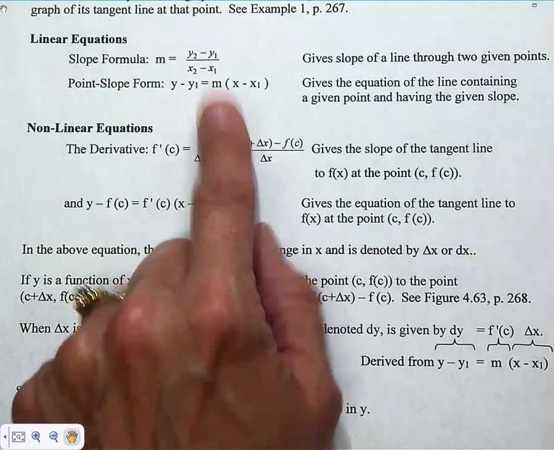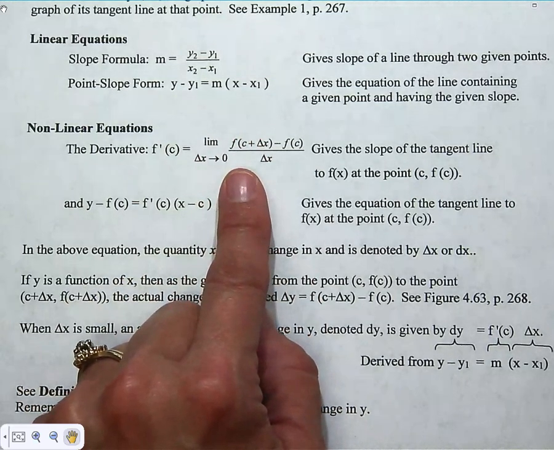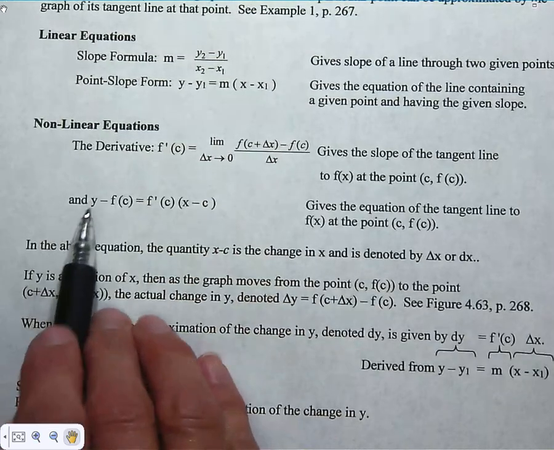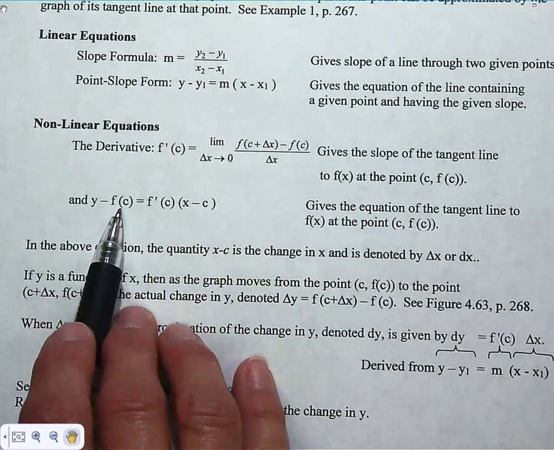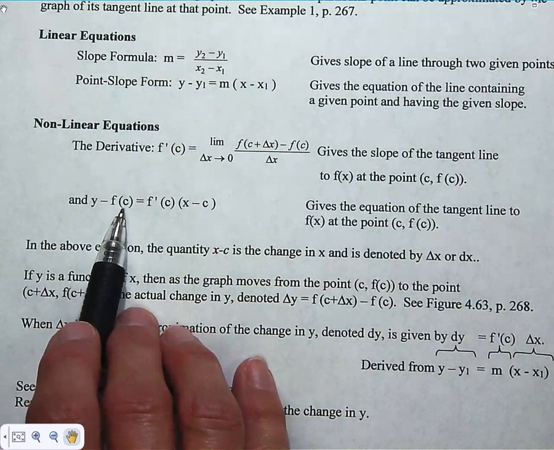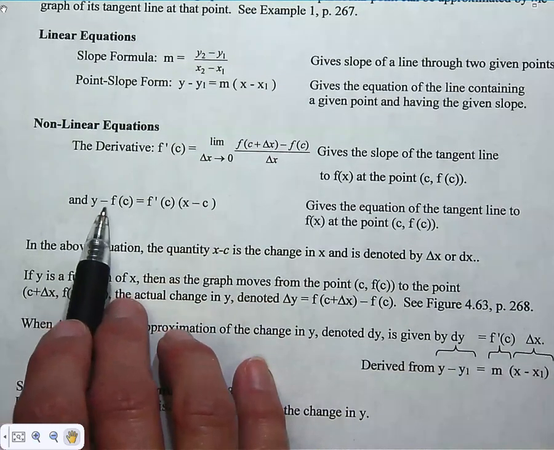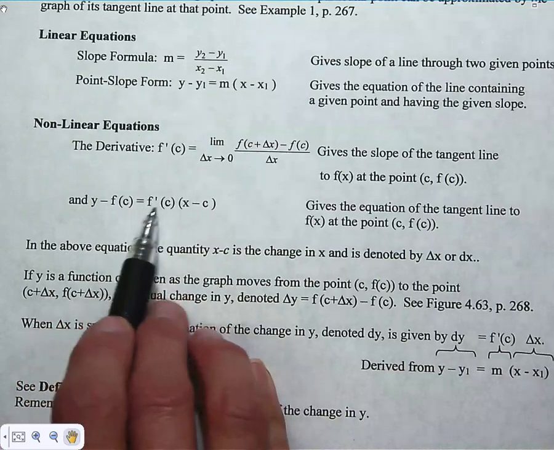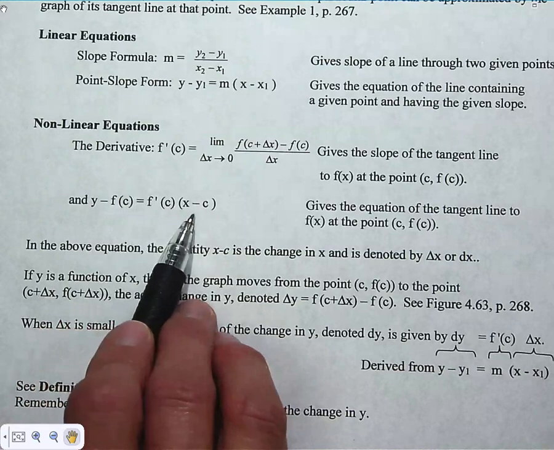In calculus, we learn to take the derivative to find the slope of the tangent line. And then the equation of the tangent line is still from point slope form, y minus y1. y1 is what we get when we plug some x value c into the function itself. That would be y minus y1 equals the slope of the tangent line times x minus x1.